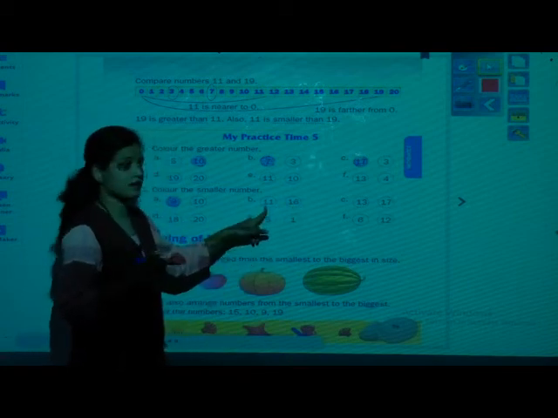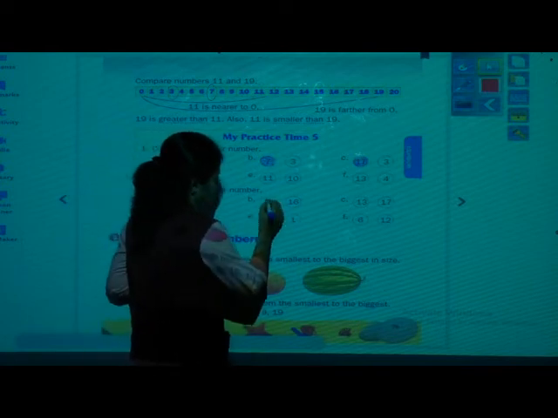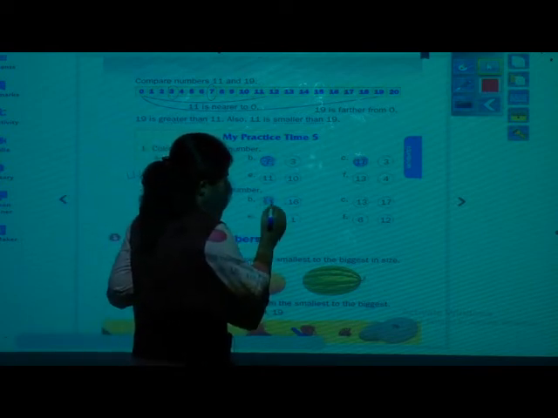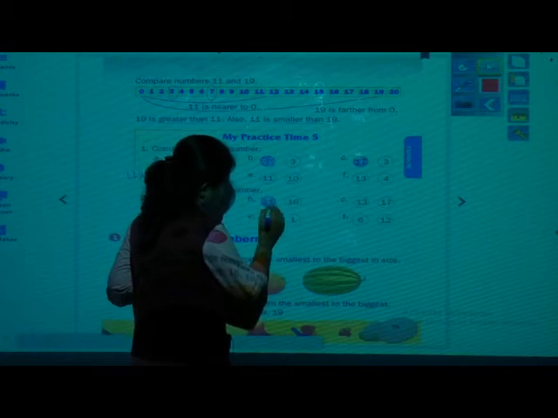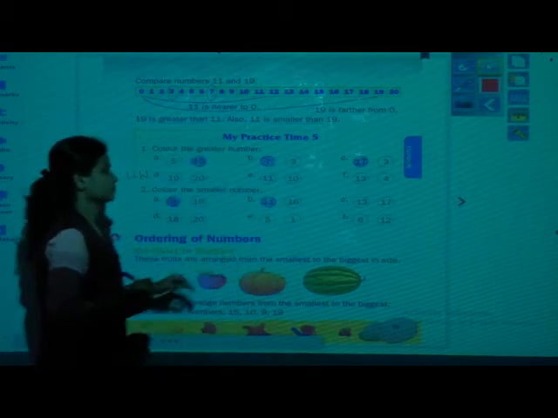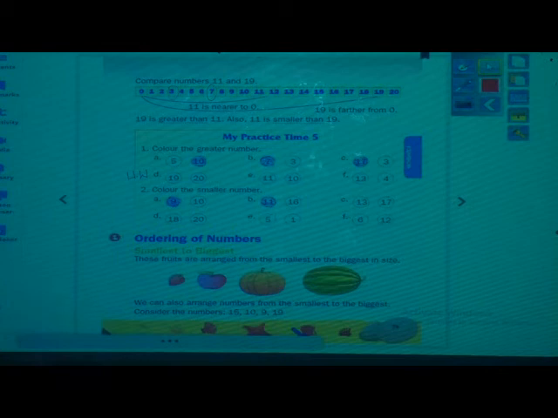No. Then 11, yes. So 11 is smaller than 16. Do it. Do this too. Compare the numbers properly. Color it.